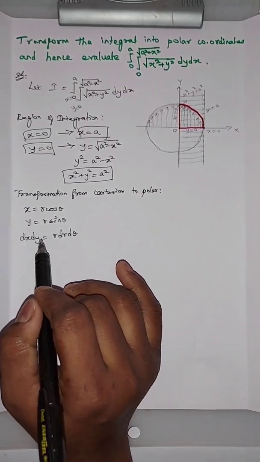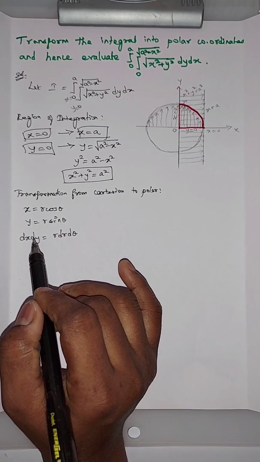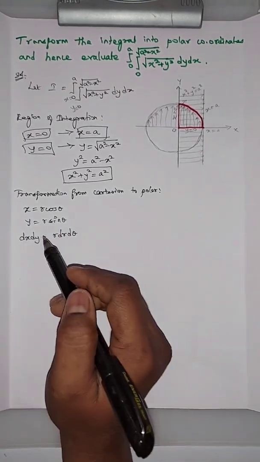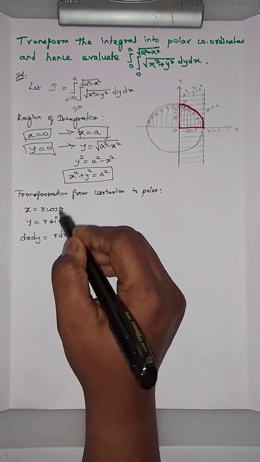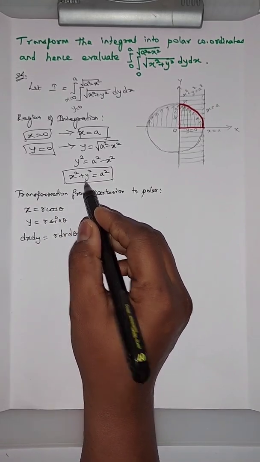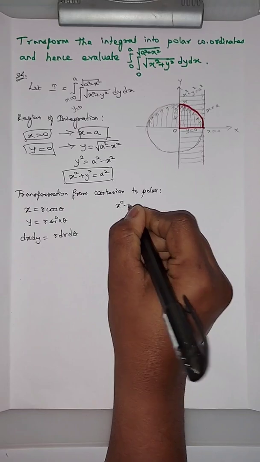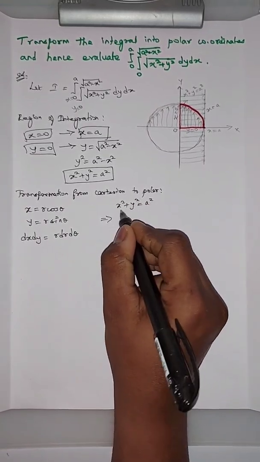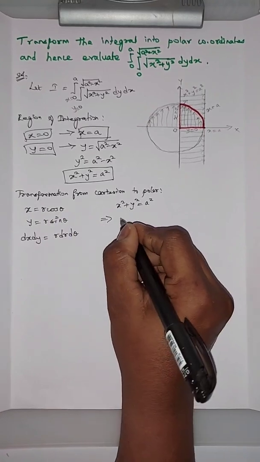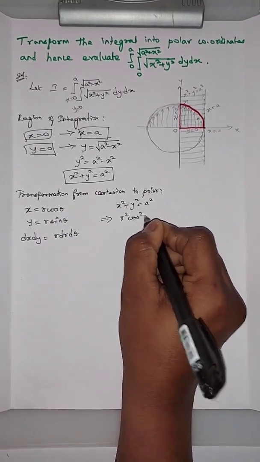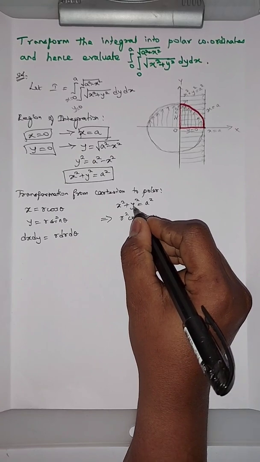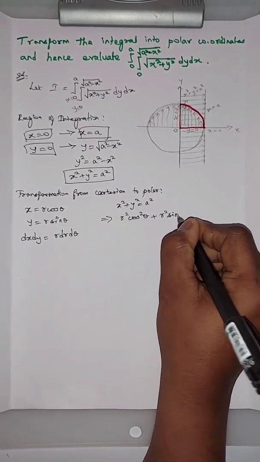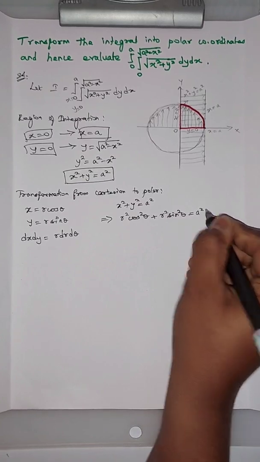Right. Now substituting all this in the limits as well as in the given integral function. Substituting in this curve, x square plus y square is equal to a square, with x as r cos theta and y as r sin theta, gives r square cos square theta plus r square sin square theta is equal to a square.